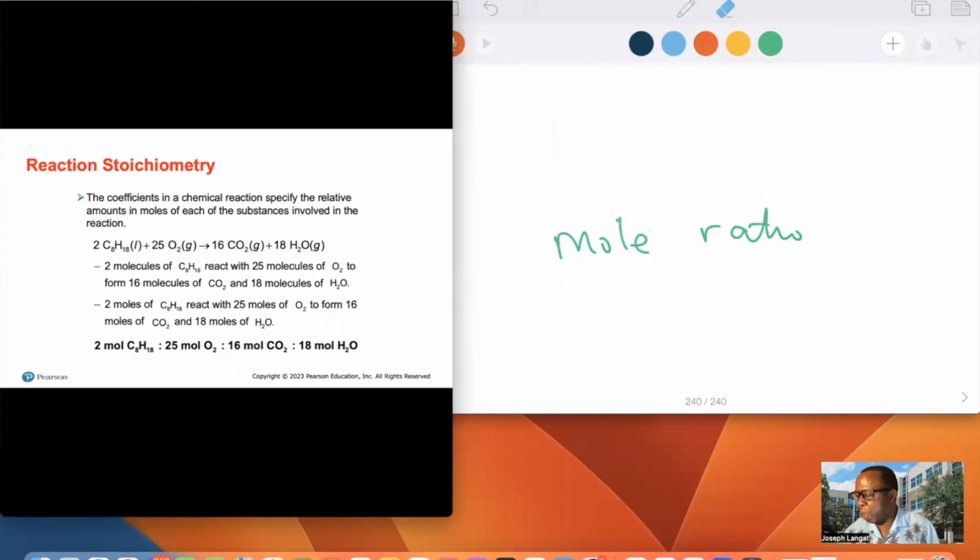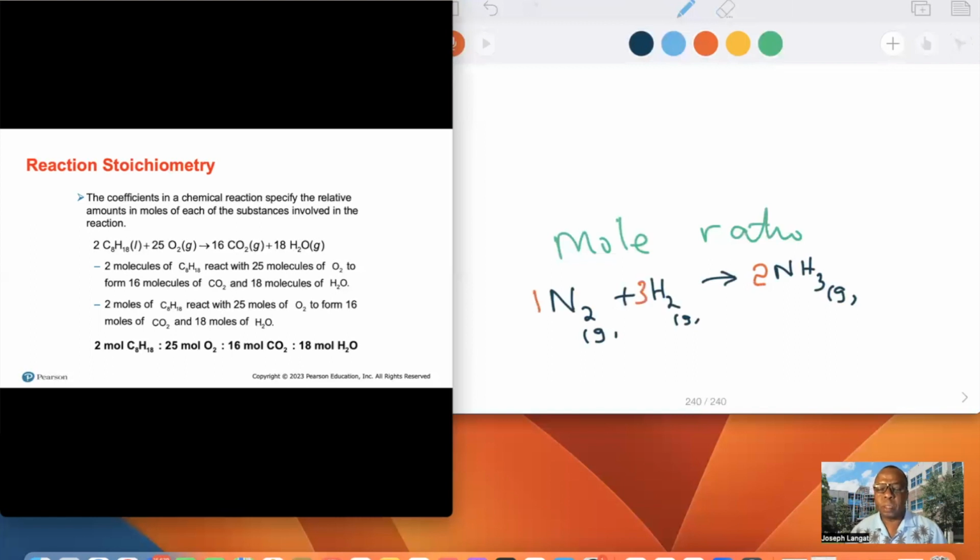So if I have N2 plus H2 to produce, this is gas right here, and NH3 gas for ammonia, the 1, 3, and the 2 here.